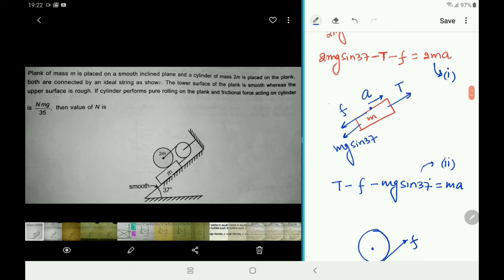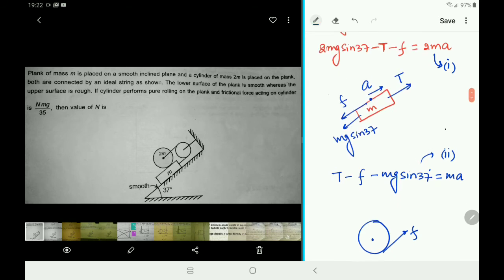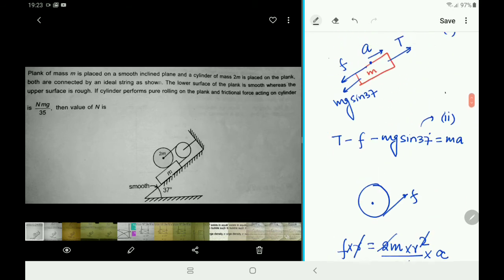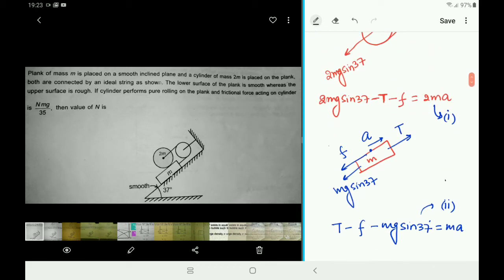So basically we'll replace that alpha R in the torque equation of the cylinder, and we'll solve the Newton's laws equations that we have obtained for the cylinder and the block. If we add the Newton's laws equations for the cylinder and the block, what will we get? We are adding both equations, first and second.